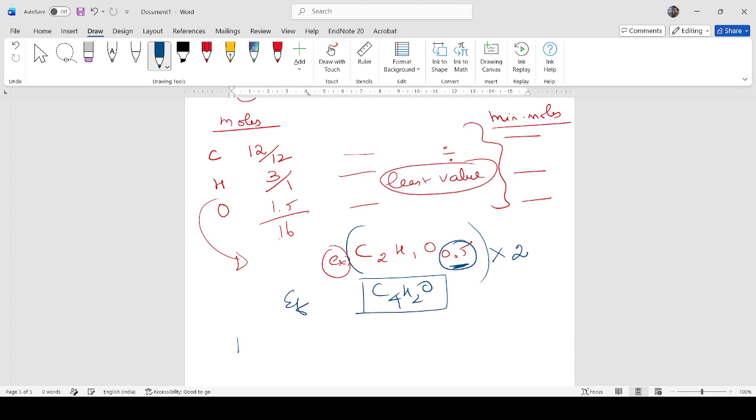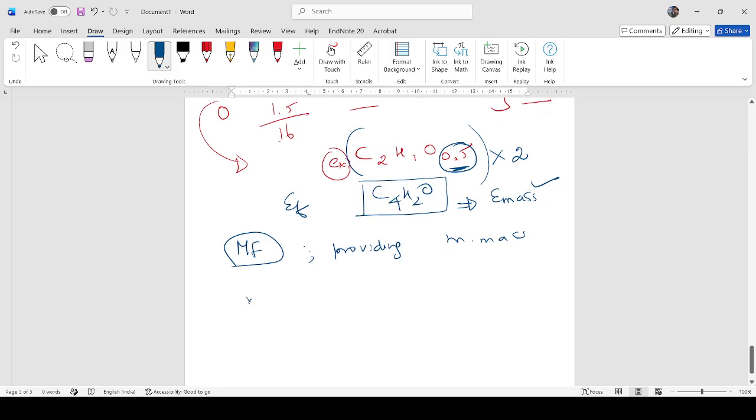Now if they are asking you for the molecular formula, what will I do? They will be providing you with the molecular mass here. From this empirical formula, you can calculate the empirical mass. Isn't it? So can I calculate the n from that? Molecular mass divided by empirical mass will provide me this n factor.